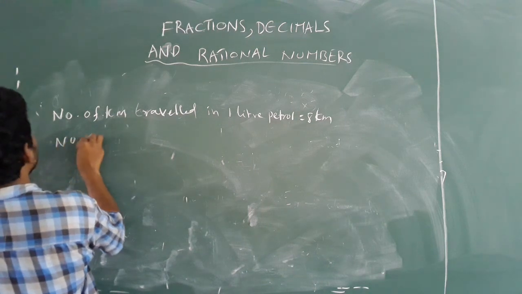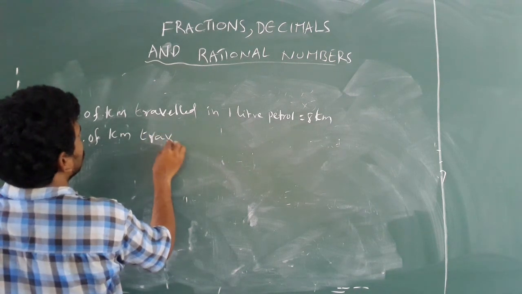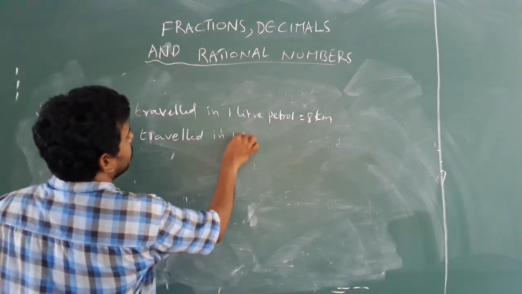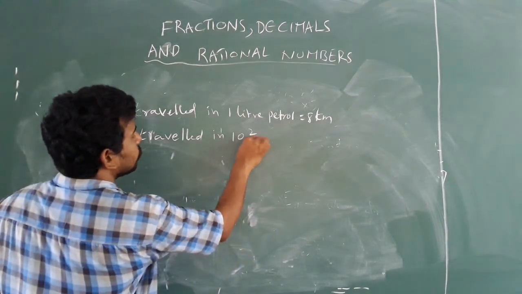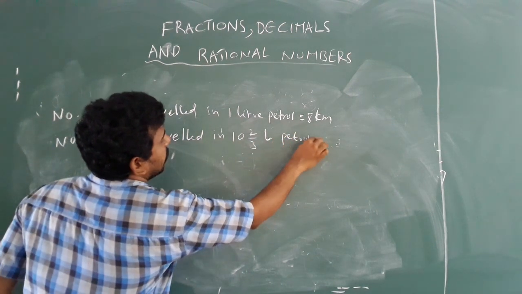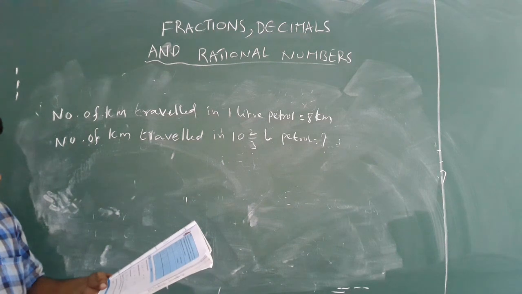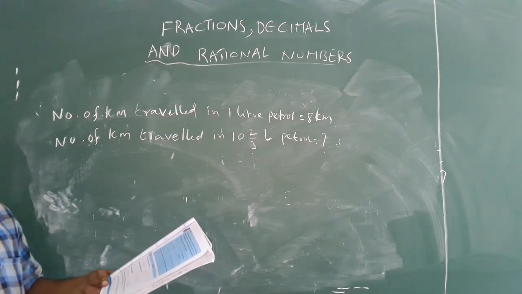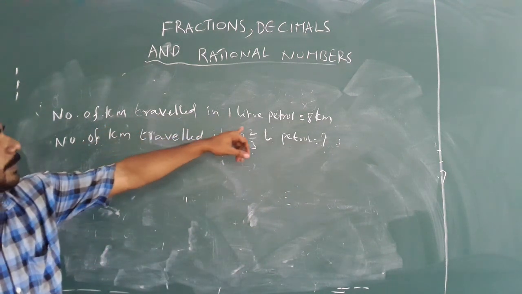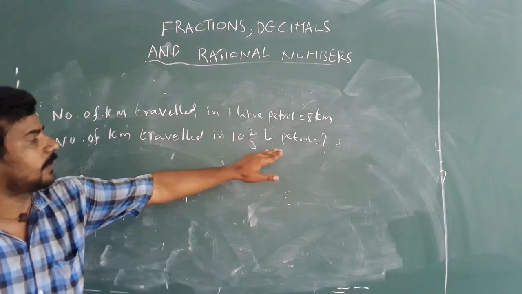So the number of kilometers traveled in 10 2 by 3 liters of petrol equals question mark. See children, here given a truck runs 8 kilometers using 1 liter of petrol. How much distance will it cover using 10 2 by 3 liters of petrol? So number of kilometers traveling 1 liter petrol equals 8 kilometers. Number of kilometers traveling 10 2 by 3 liters petrol equals question mark.